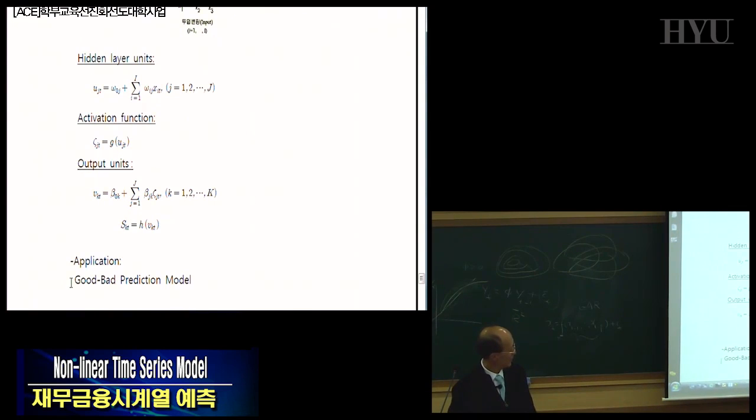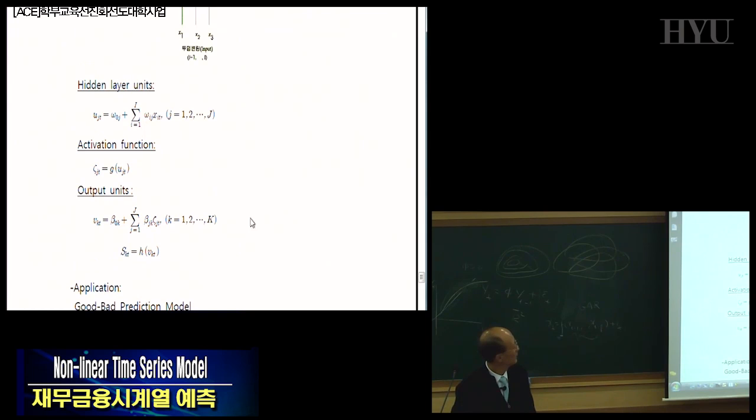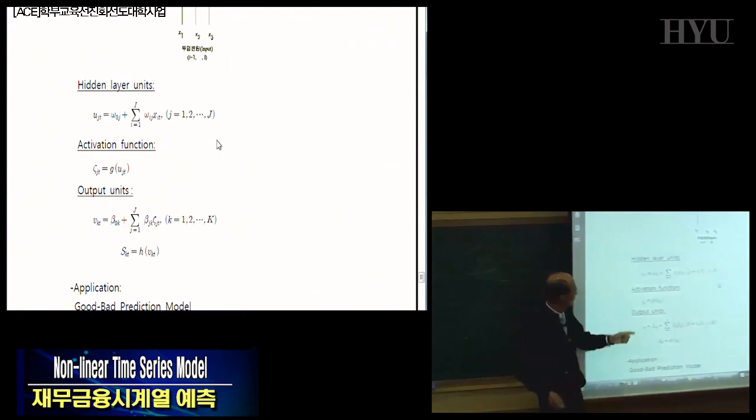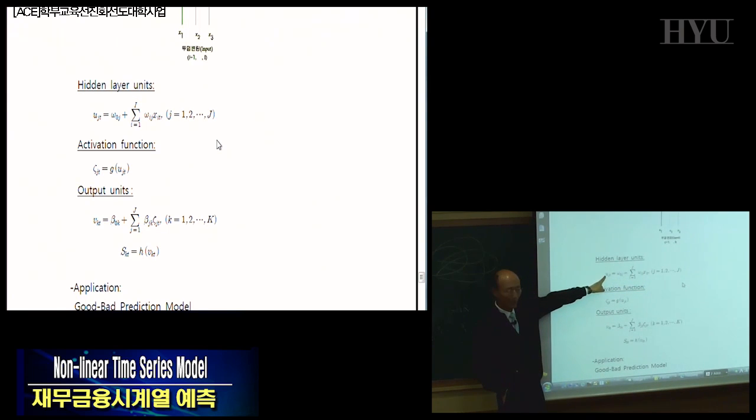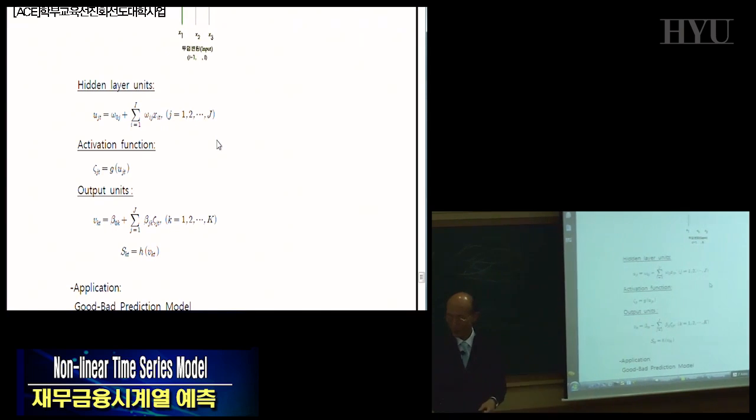Yeah, that's what I mean by this one. So original data with weights created this value, and we call this as one layer.